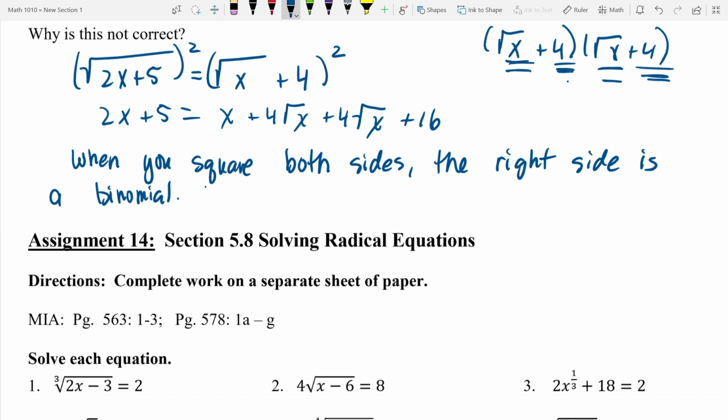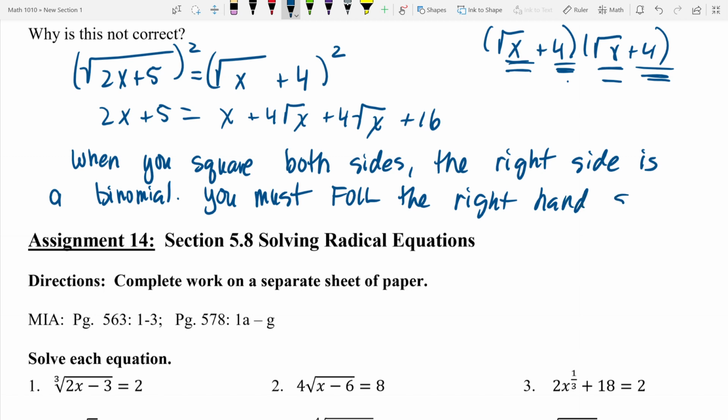Then I would say you must FOIL the right-hand side. Okay, that's it. That is it.